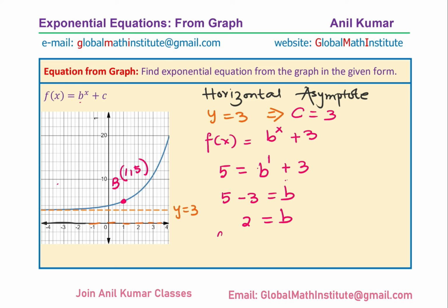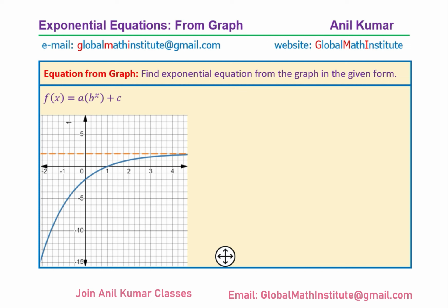Therefore, now we can write down the function f of x as equal to 2 to the power of x plus 3. So, the graph has been translated 3 units up. You get the idea. And that is how we do get this. So what we have learned now is that to find the a value, the y-intercept is a good value to look into, and to find the b value, x equals to 1 is actually a good value.